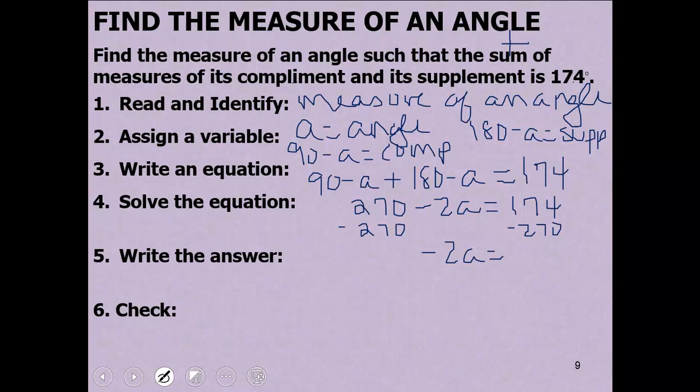If this was 170, then I would be at 100, so this needs to be negative 96. Just going to check that: 174 minus 270, okay, negative 96. And then I'm going to divide by negative 2. I'm glad that I got a negative on both sides because I can't have negative angles in this. A is equal to 48.